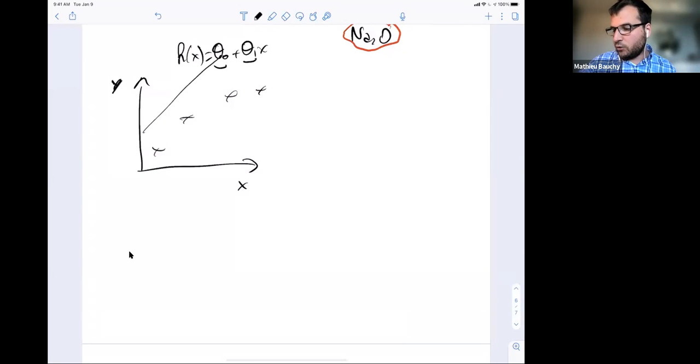So the way you do that is that you need to define your cost function. So the cost function is the difference between your model and the actual data points. So you take the square difference between the actual data points that you have and the prediction from your model.